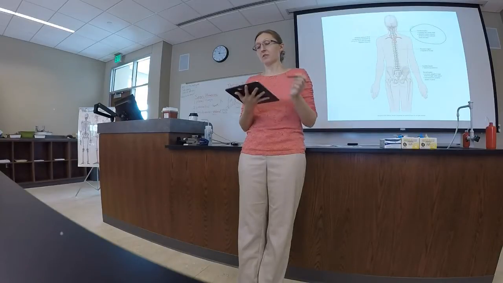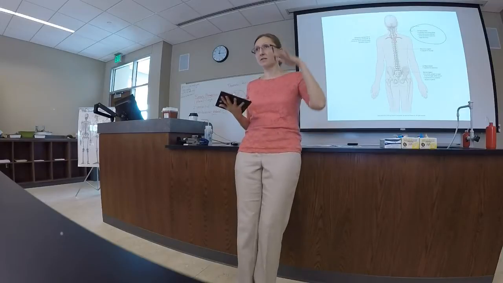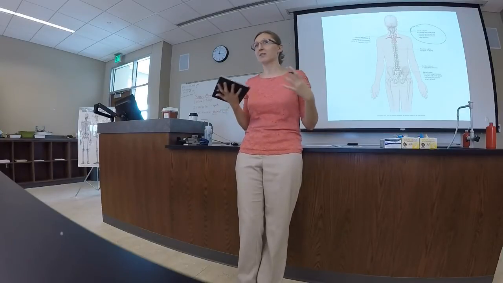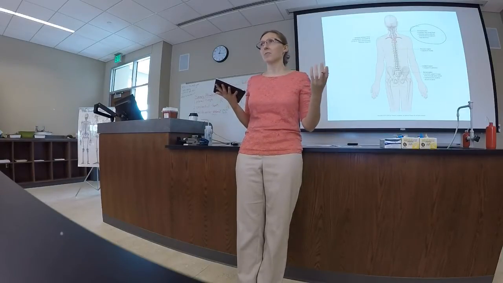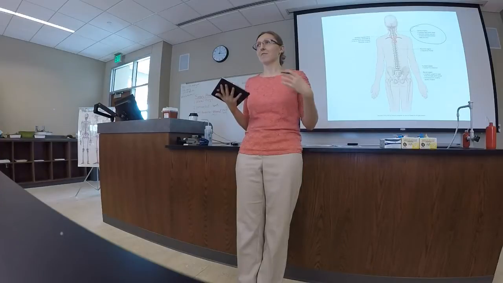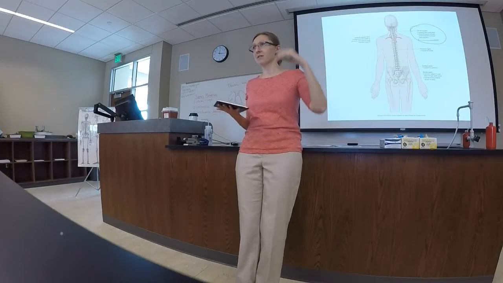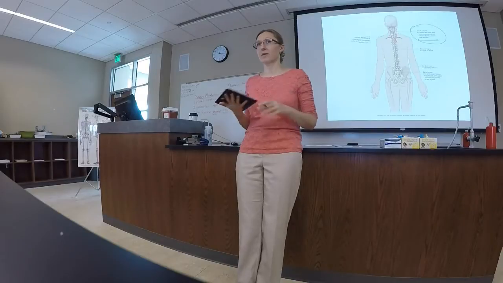So in the cervical region, we have support and movement of the head. So supporting the head on top of the vertebral column, muscle and ligament attachments to both enable and restrict range of movement of the head to make sure that you have not too much, not too little, all of that. And also, that's the avenue of communication via the spinal cord from the brain to the rest of the body.